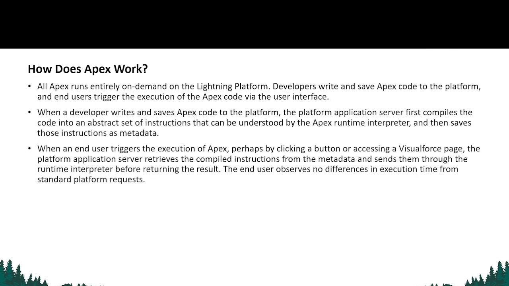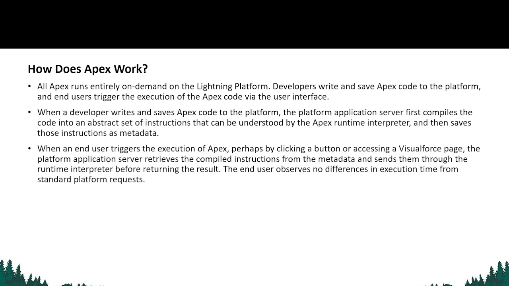Then, when talking about how Apex works, Apex is entirely based on the Lightning platform. The developers creating the Apex code are writing that code on the platform, and the end users are using the trigger for execution of the Apex code that is provided with the user interface.